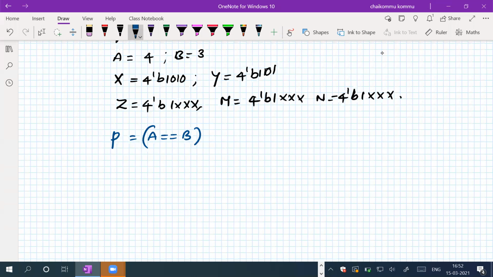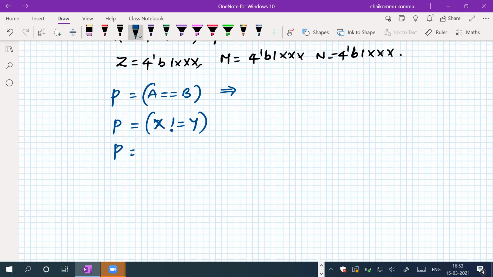Next, X is not equal to Y. Suppose P is equal to X not equal to Y. What will happen? Next, P is equal to X equal to Z. What will happen to this?